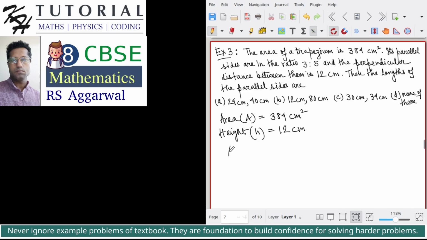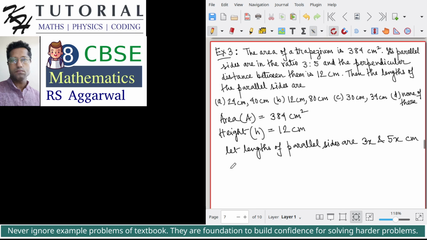Since we know A is equal to half, let's do one thing. Since the ratio of the parallel sides is given, let us assume the lengths of parallel sides are based on the ratio, 3x and 5x centimeter, since the unit is given in centimeter.